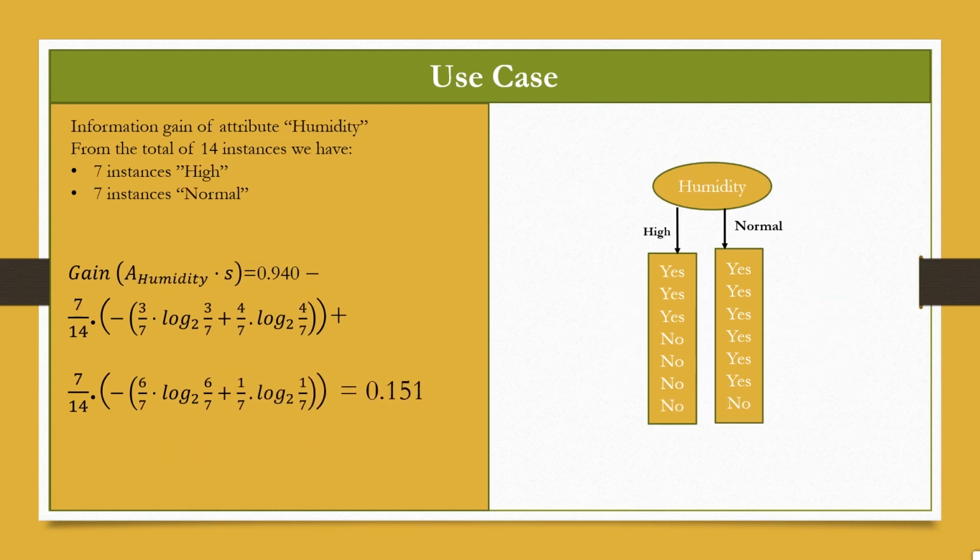Now let's look at the information gain of attribute humidity. Over here we have 7 instances which say high and 7 instances which say normal.